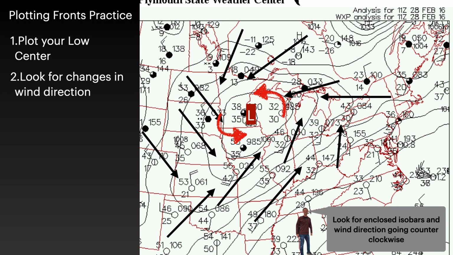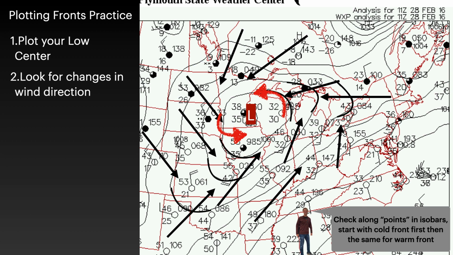The next thing I'm going to do is look for changes in my wind direction, and I'm also going to look for points in the isobars. So I've drawn the isobar points here, and coincidentally, they're in the same spot where my winds are drastically changing. The next thing I'm going to do is look for changes in my temperature and dew point.